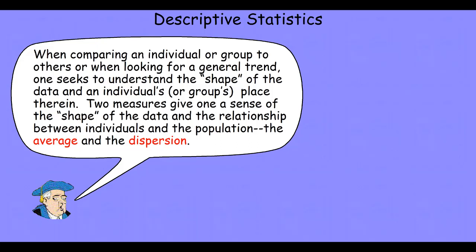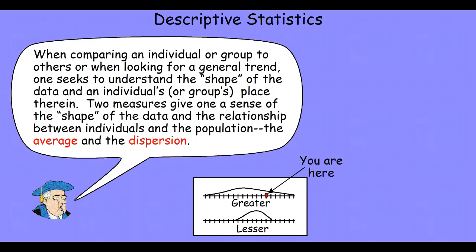Now, two measures give one a sense of the overall shape of the data and the relationship between individuals and groups and the population overall. Those two measures are the average, or measures of central tendency, and the dispersion, or measures of how clustered together or spread out the data values are.